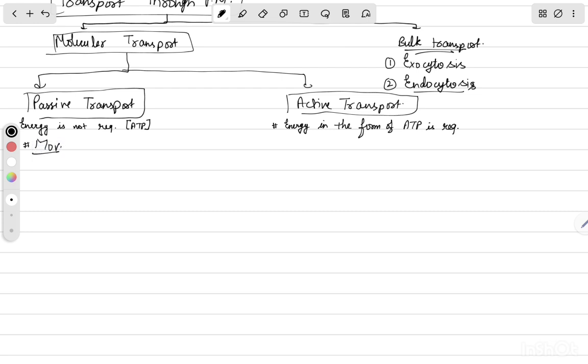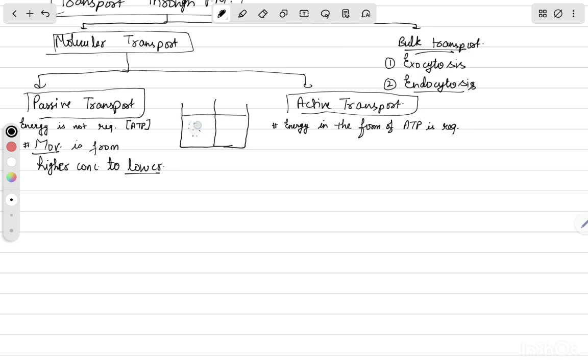So, movement of solute particles in passive transport: since energy is not required, the movement is always from higher concentration to lower concentration. Suppose we have this system separated by a membrane, right?